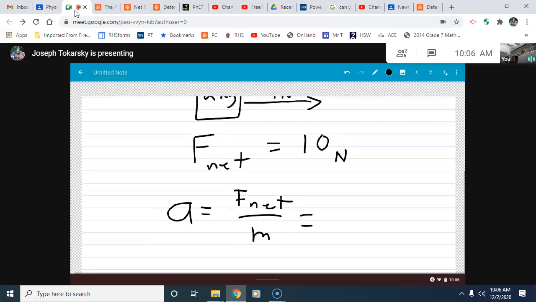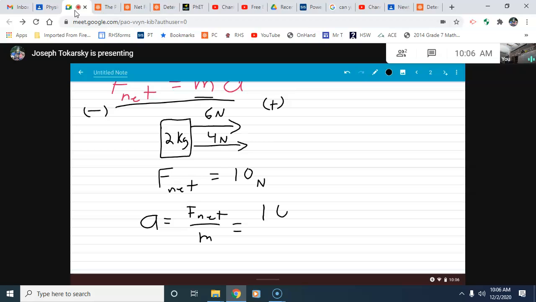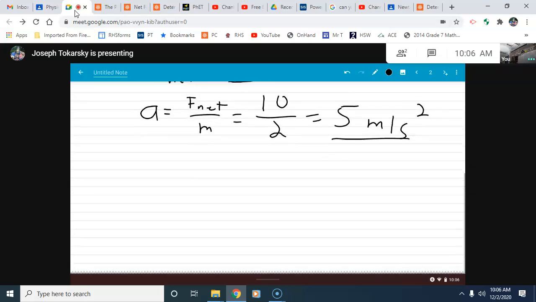And if we know F net, which we do because we found it, that's 10, and the mass is stamped on the object right there. 10 divided by 2 is 5, and the units on acceleration are just what they typically are. 5 meters per second squared, like always. So we'll be needing to find either one or both of these things in our concept builder to accomplish it. You'll see in a moment. Let's do a couple more examples.